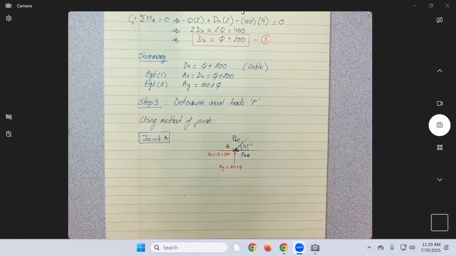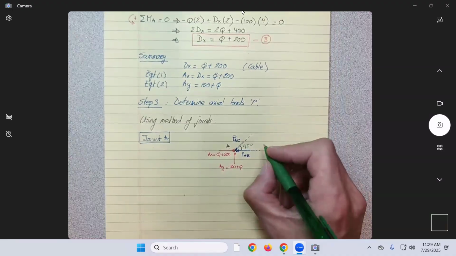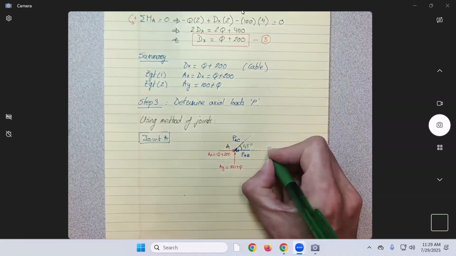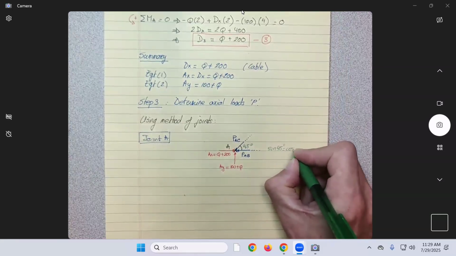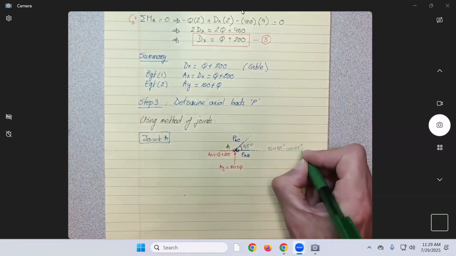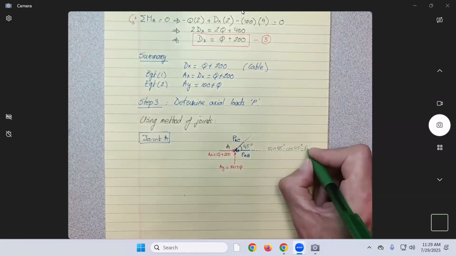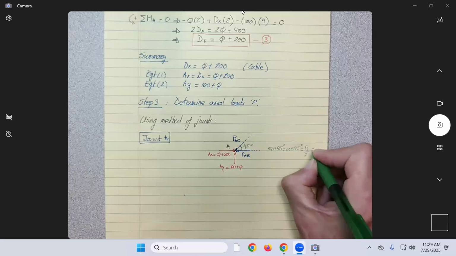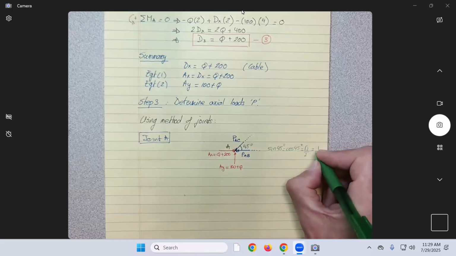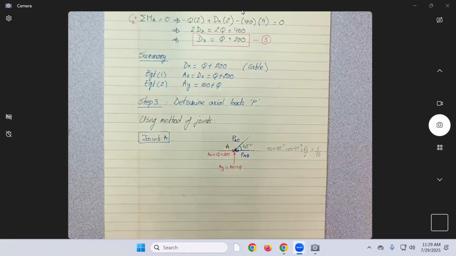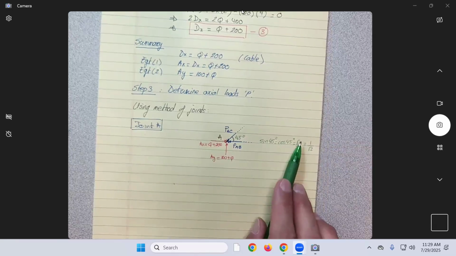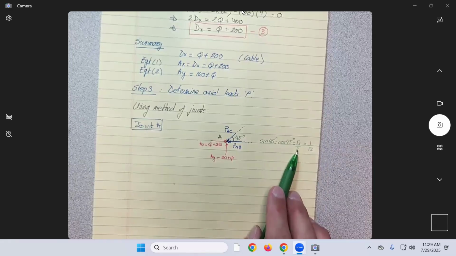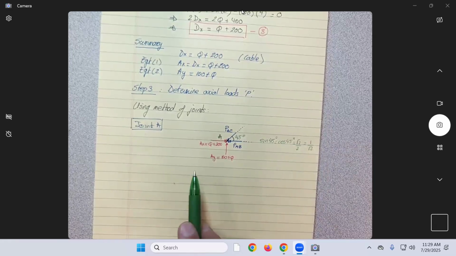Okay, so in order to simplify the notation, you are aware that sine 45 will be equal to cosine 45, which is equal to square root of 2 over 2, or what is the same, 1 over square root of 2. So if we multiply this one over here by square root of 2 on the top and the bottom, you get square root of 2 divided by 2, which will give you 1 over square root of 2.